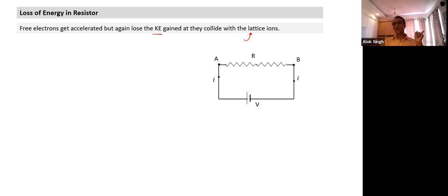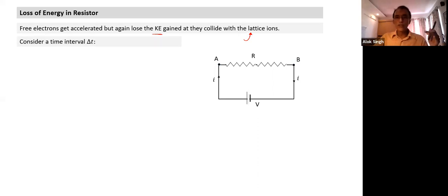So in which form does the energy get transferred? First, potential energy gets transferred in the form of kinetic energy of the electron, and then kinetic energy gets transferred in the form of kinetic energy of the ion, which is heat energy. So ultimately the loss of potential energy reflects in the form of heat energy, and we call it dissipation of heat. We use the term dissipation. Dissipation indicates loss of energy.